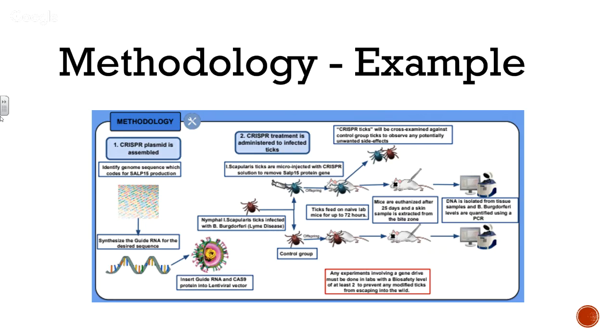If there wasn't enough research done as to which virus to use, then we have to make an assumption. We look at the different factors and conditions and make a decision, saying, okay, we'll use, for example, the HIV virus to infect the ticks, for the CRISPR-Cas9 complex to be present in all the cells and for the edit to occur. So you want to mention those assumptions that you make.